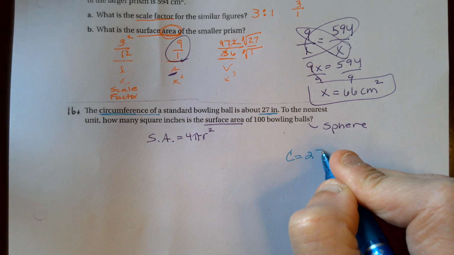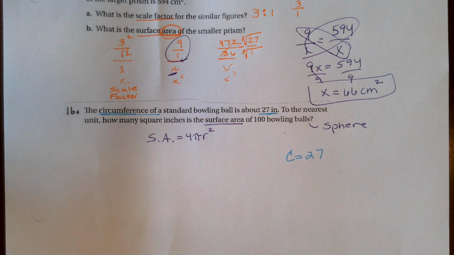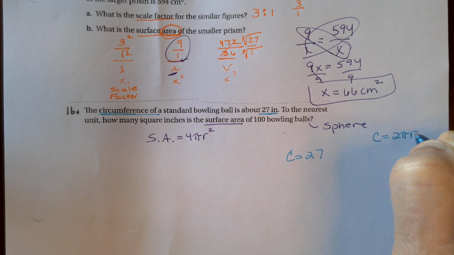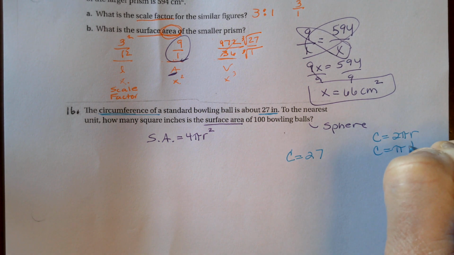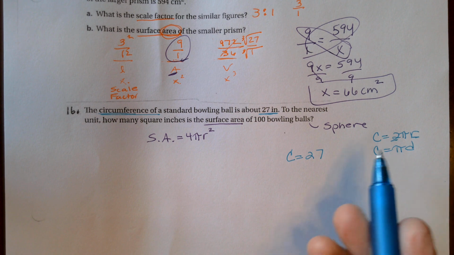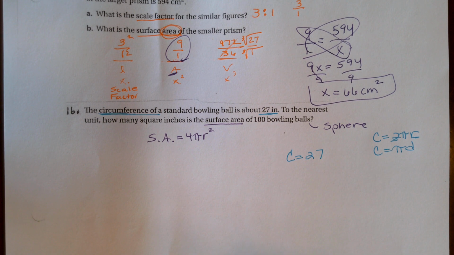Circumference is 27. So you need to remember, what was the circumference formula? We had two that we could use. 2 pi r was one, and pi times diameter, same thing, right? Because 2 r's equal a diameter. So I'm just going to use, well, it doesn't matter, I can use either.